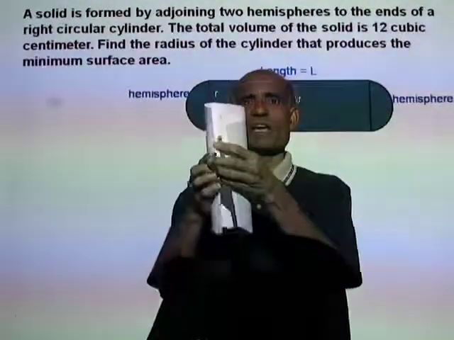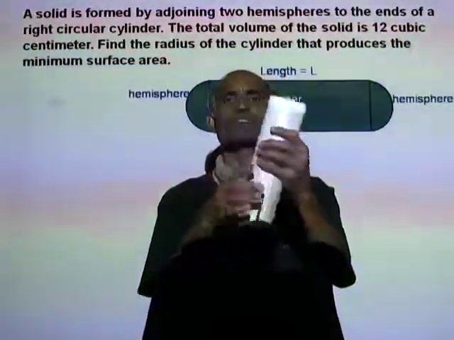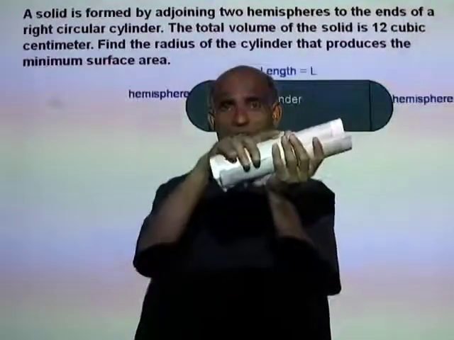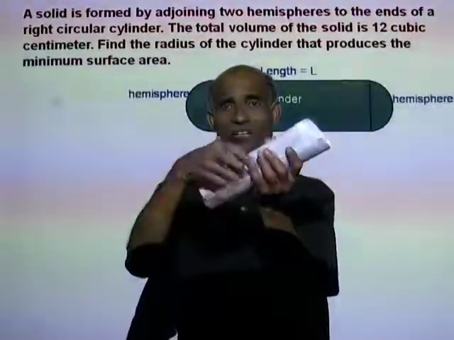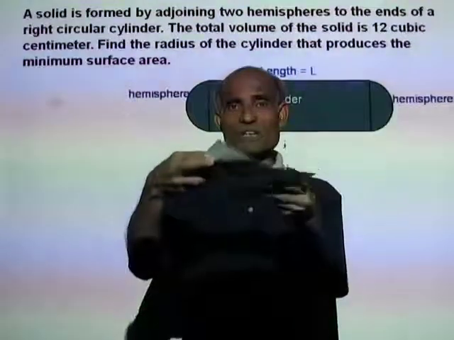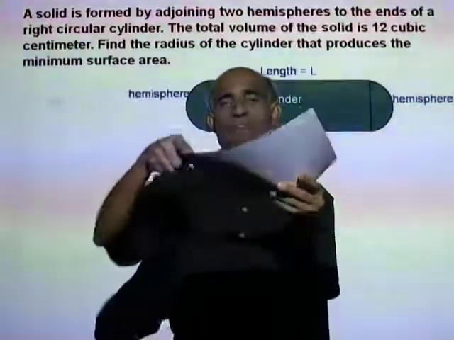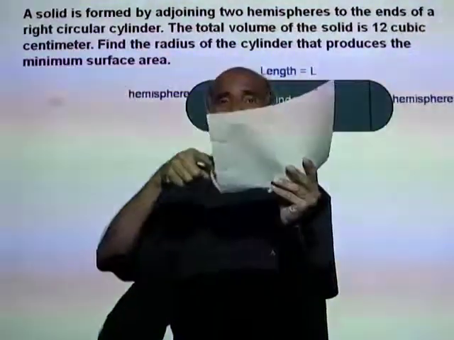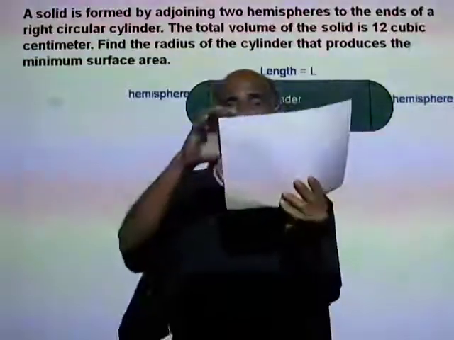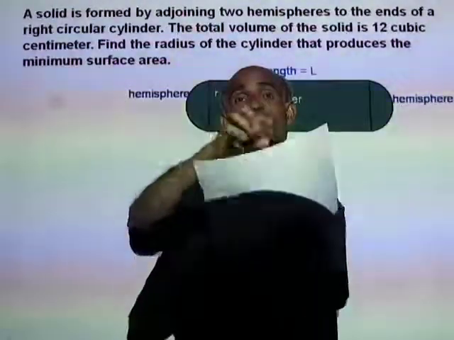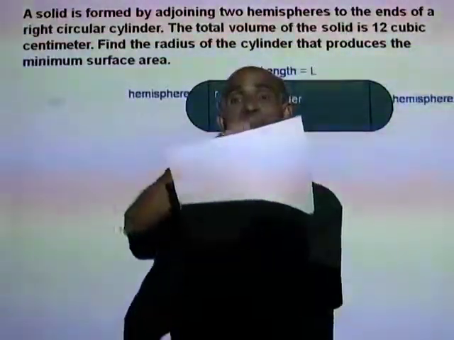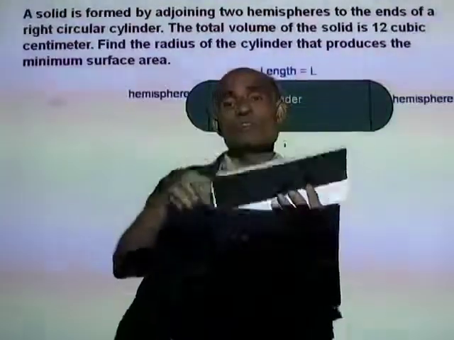Therefore, the surface area of the cylinder is actually the area of that sheet, which will be length times width. That's the width, that's the length. And the length of the cylinder, we already know it is L. Now, what is that width?